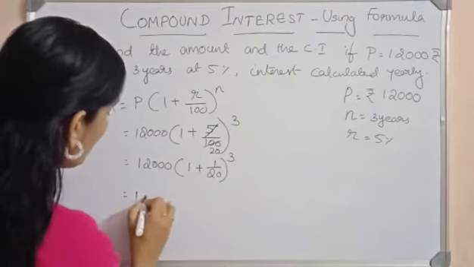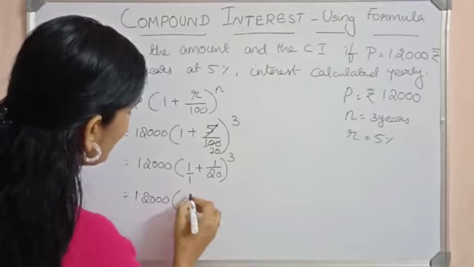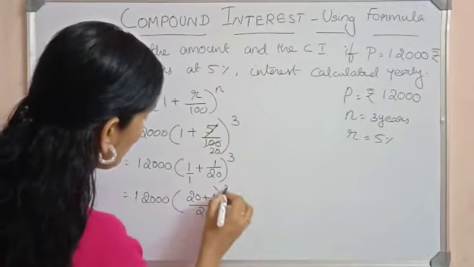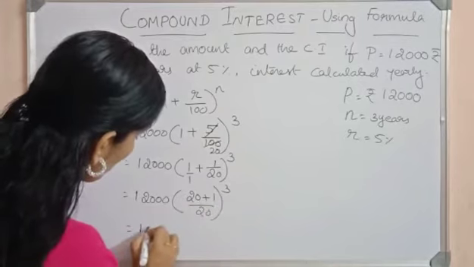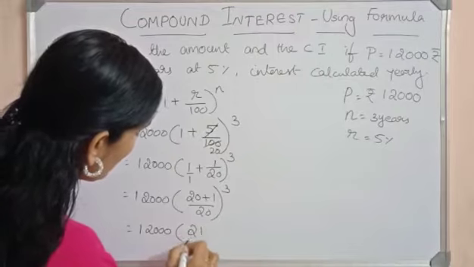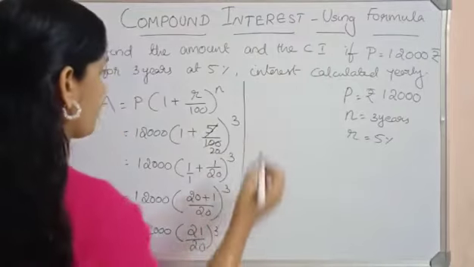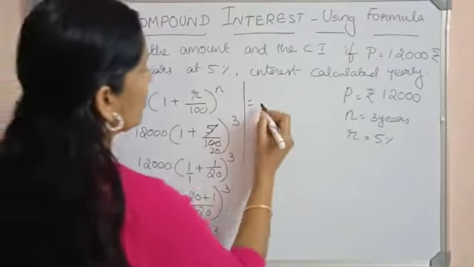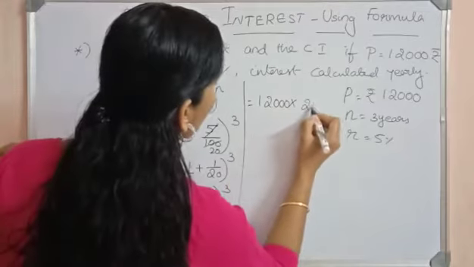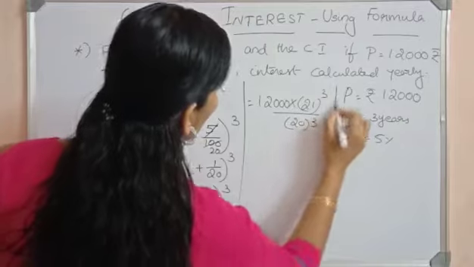That is equal to 12,000 into, here take the LCM, (20 plus 1) by 20 the whole cube. That's equal to 12,000 into (21 by 20) the whole cube, which is 12,000 into 21 the whole cube by 20 cube.